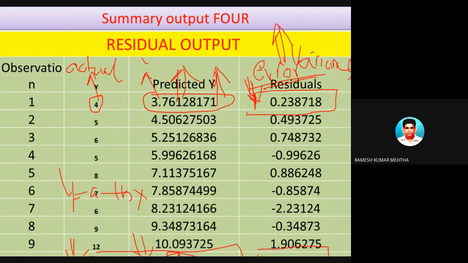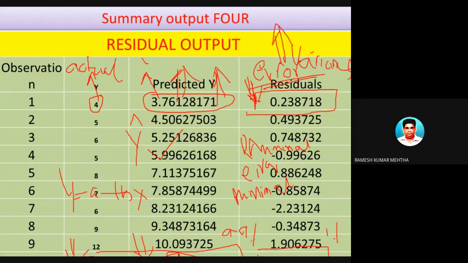Means almost 99% is predicted, only 1% is left out. So this is the way we have to interpret the predicted y, which is also given by the symbol y hat, and this is the residual. The residual, also termed as error, should be minimal.